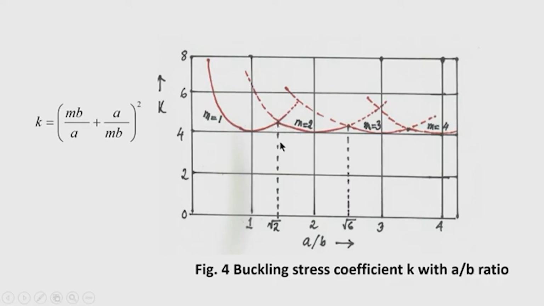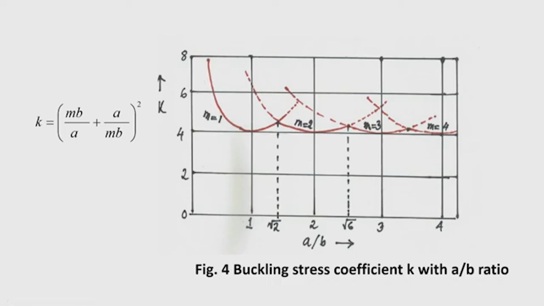Okay. Now, you can see that this is the curve for the buckling coefficient when m, the number of half waves in the x direction, is 1. So, this curve is valid for a by b ratio less than root 2, that is 1.414. So, if a by b ratio is less than 1.414, you can use this curve, that means here m is equal to 1.